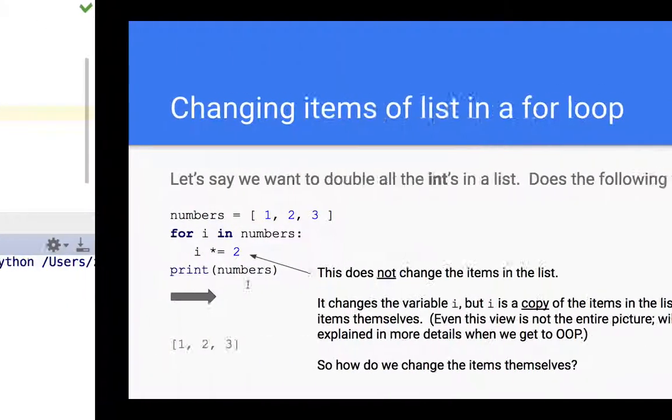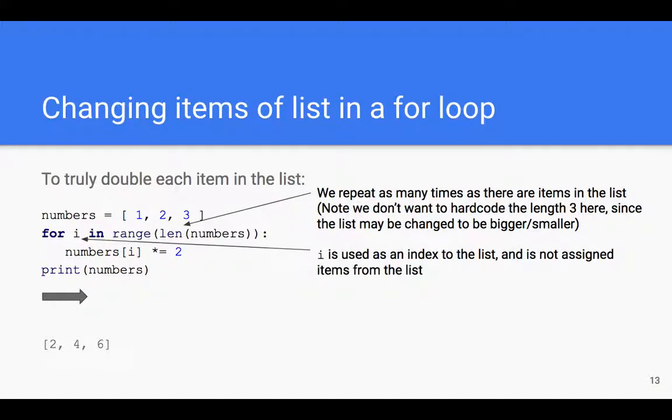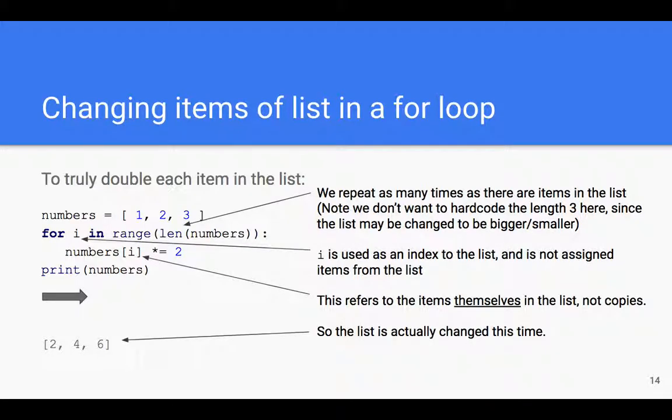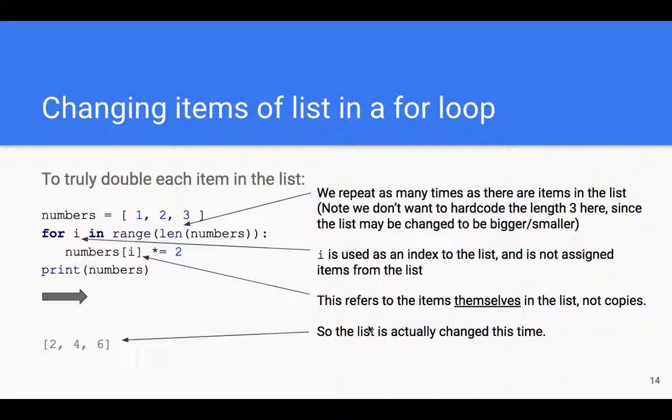Hope that makes sense. And that's what this slide or sequence of slides is just trying to say: i is not the item in the list. It's an index that we'll use into the list to change each item in the list. Okay? And yeah, so that works. Okay, that's how you actually change something in the list.